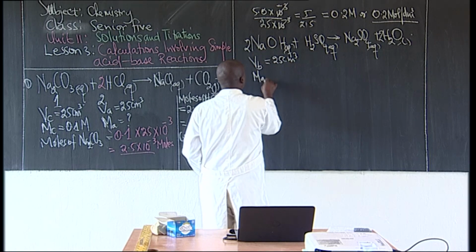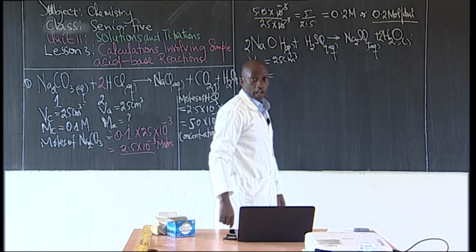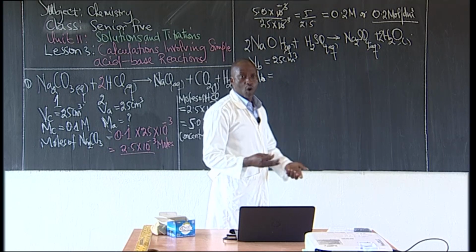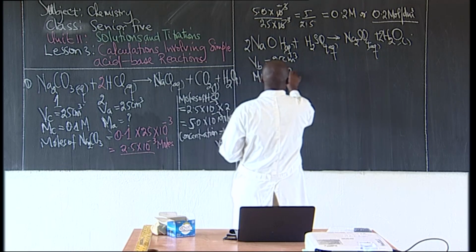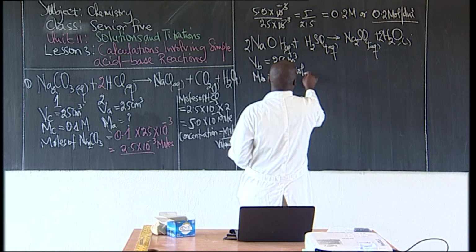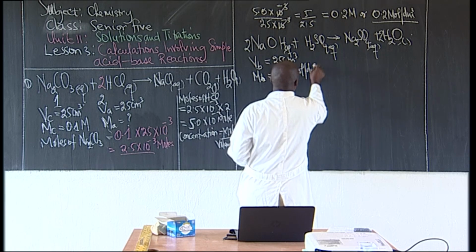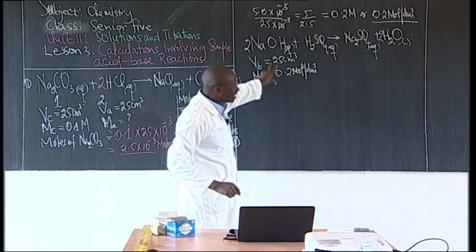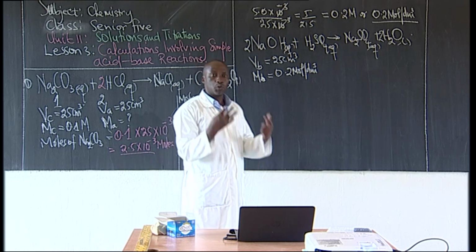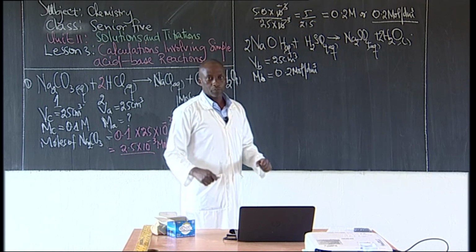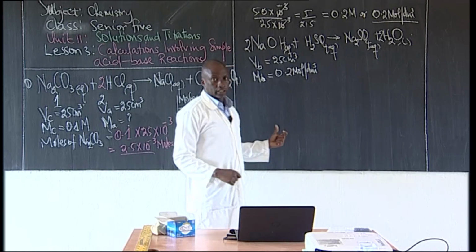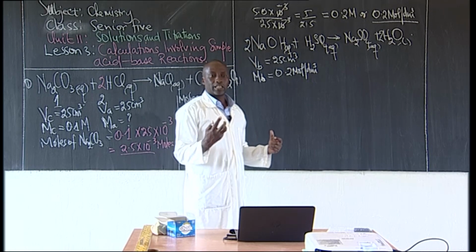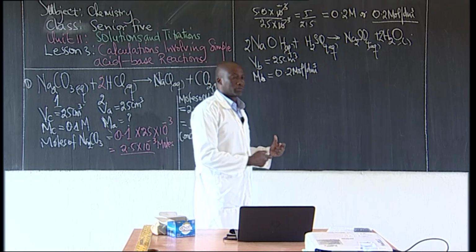What is the molarity of the base? 0.2 mole per decimeter cubed. With this information, you need to first put down the data because it is very important. Once you extract the data from the question, it becomes very simple.